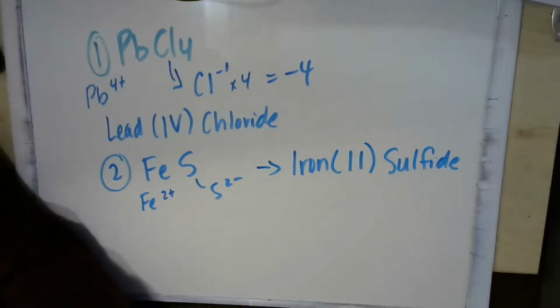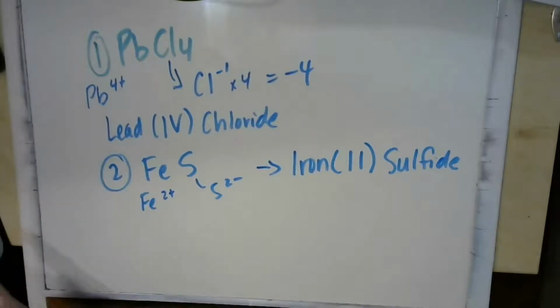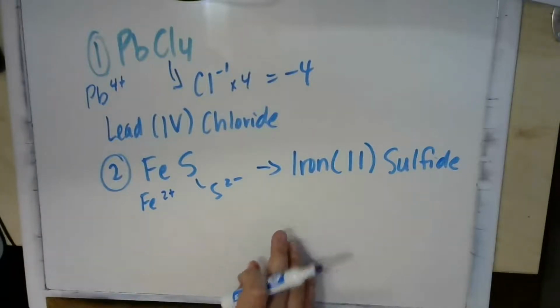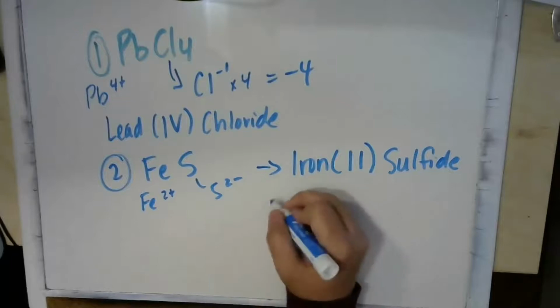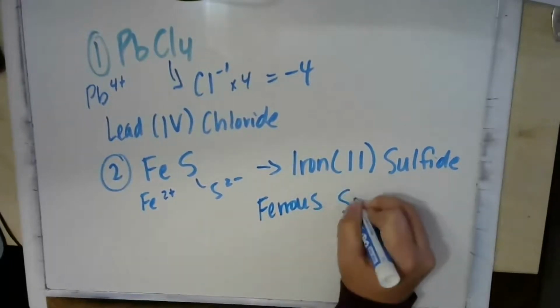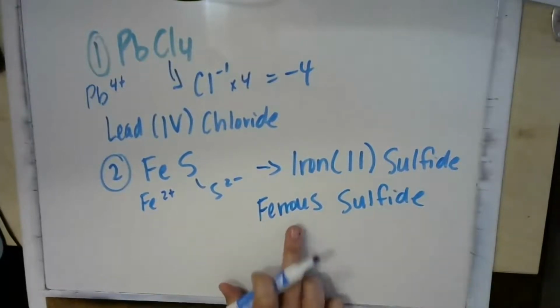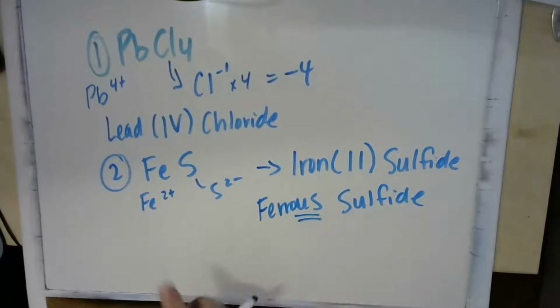Or if we want to just have an example of going back to our older naming system, we could also call this ferrous sulfide. Okay, ferrous sulfide, because it comes from the iron-2 ion. All right.